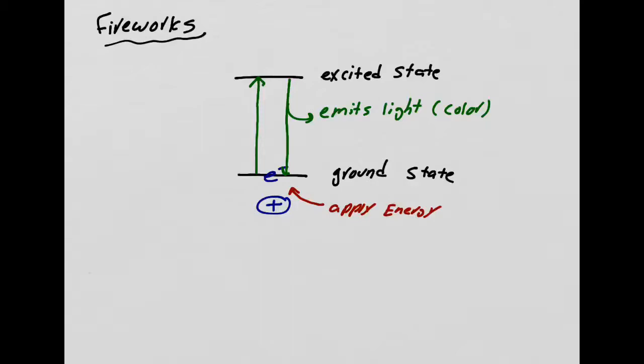Now, why does sodium emit yellow light, but copper emits blue light? What does that depend on? What that depends on is this gap over here. The size of this gap will determine the color, okay?